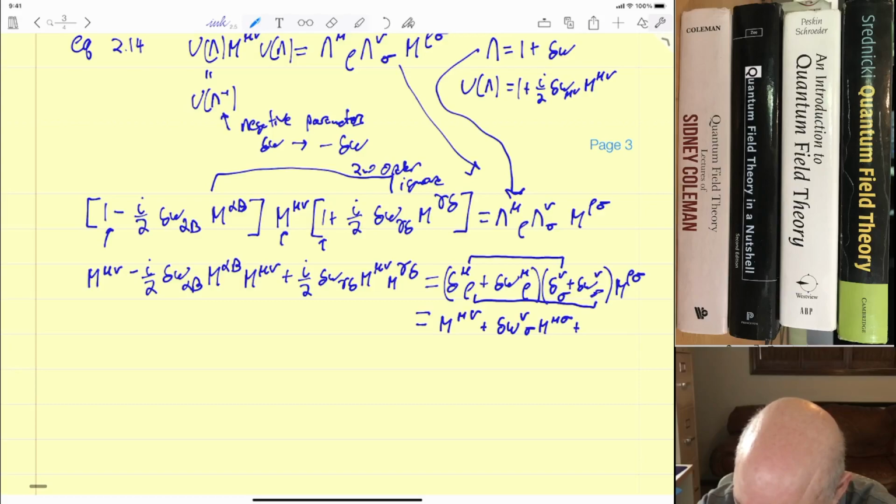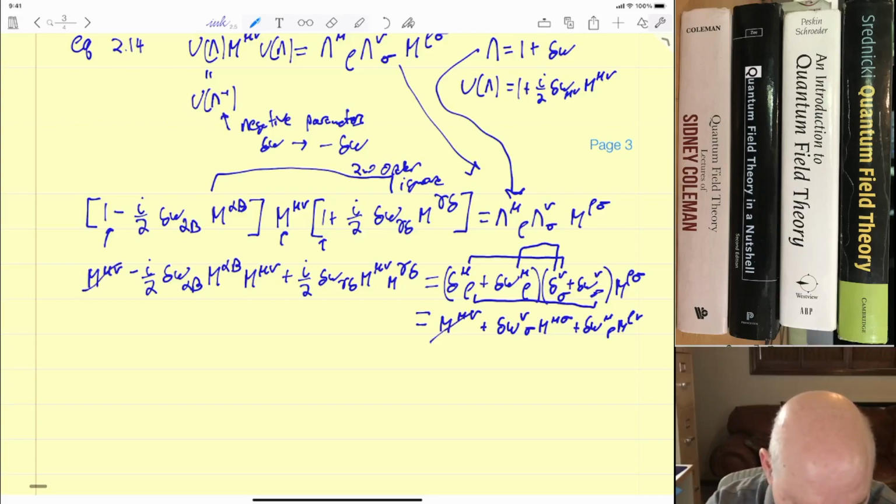Okay, I did that cross term. Now I have this cross term. Now I'm going to have del omega mu rho, and then I'm going to substitute nu for sigma, m rho nu. Now the mu nu's cancel. That's good.